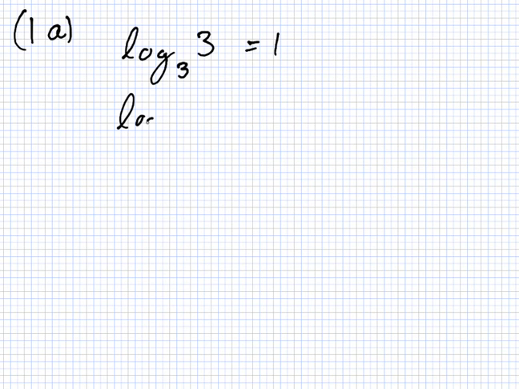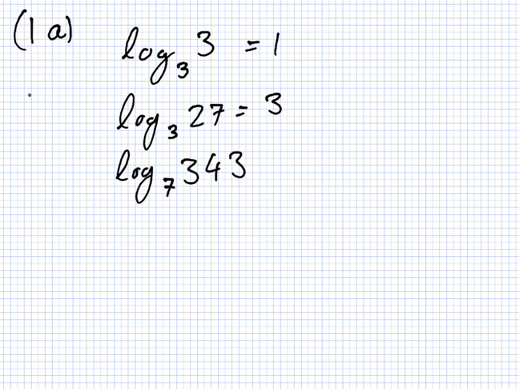And then log 3 27? 3. And actually, I think we had this one last time. No, maybe not. Log 7 343? 3. 7 to the power of 3 is 343. Yes. Okay. So they're just practicing the definition of what log is.